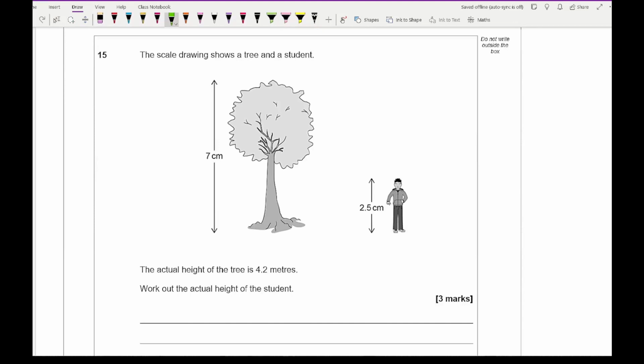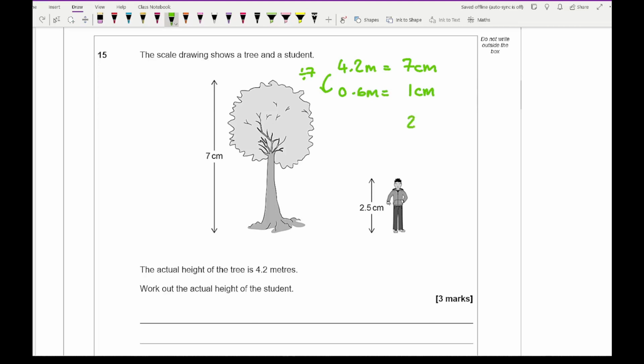Now moving on to question 15, it says the scale drawing shows a tree and a student. The actual height of the tree is 4.2 meters. Work out the actual height of the student. So here we know that 4.2 meters equals 7 centimeters. So if I want to work out what 1 centimeter is, I need to divide this by 7. So 4.2 divided by 7 equals 0.6 meters.